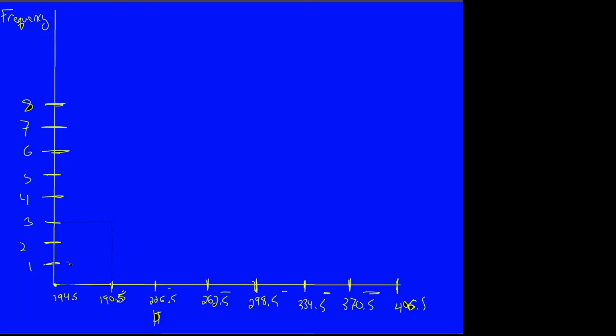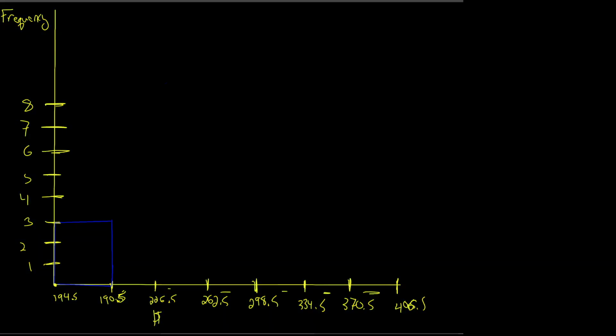Nope. Oh, I'll try one more way of doing this. I'll come over to 3, over and down, and fill that in. There we go. And so that represents the frequency for the first bin.